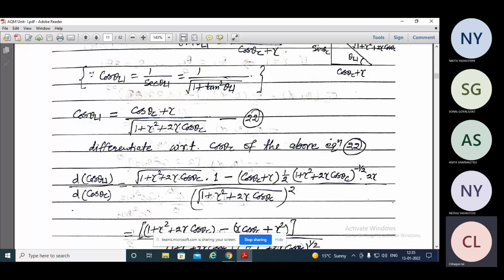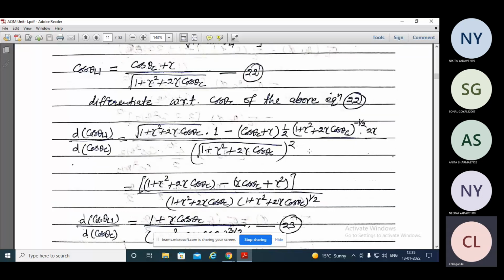अब इस टर्म का करेंगे जो नीचे वाली टर्म है, तो यहाँ से देखिए 1 प्लस गामा स्क्वायर, तो 1 का ये पावर हाफ है, इसका मतलब हाफ माइनस 1 होता है, इसलिए माइनस का हाफ आ गया है यहाँ पर। अब यहाँ चेक कर लीजिए, जो हाफ टर्म है, उस हाफ टर्म को हम यहाँ लिख सकते हैं। तो नाउ वी वांट टू कैलकुलेट 1 प्लस गामा स्क्वायर प्लस 2 गामा कोस थीटा सी। तो यहाँ देखिए 1 का भी जीरो, गामा स्क्वायर का भी जीरो, ओनली कोस थीटा सी का यहाँ 1 होगा, इसलिए 2 गामा लिखा हमने। Now we can rearrange and we have to solve the question, not very difficult to solve.